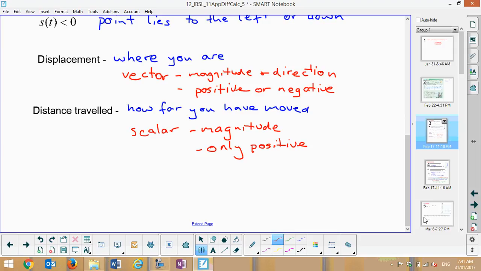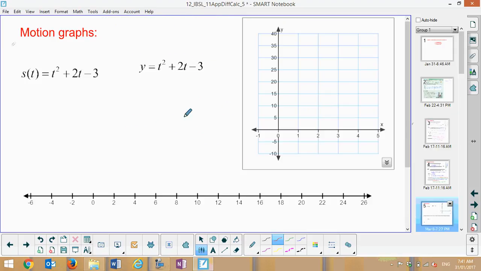So let's look at another example now. Let's say we've got some particle that's moving according to this equation: S is equal to t squared plus 2t minus 3. So let's just put a dot there, we want to select that.